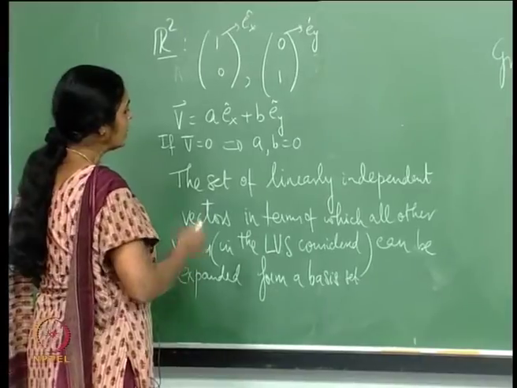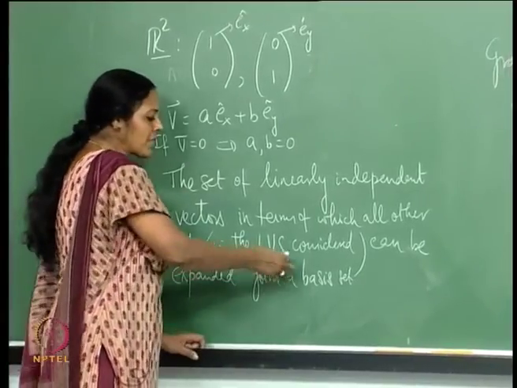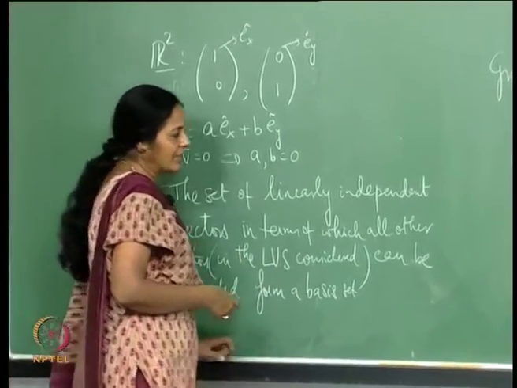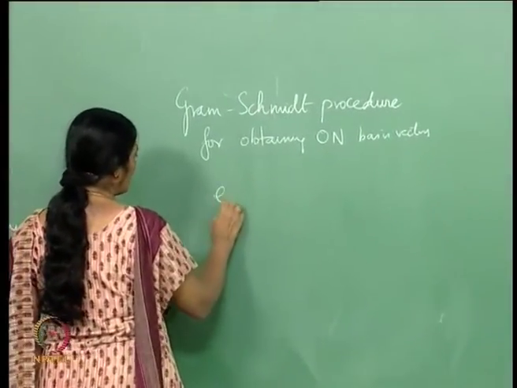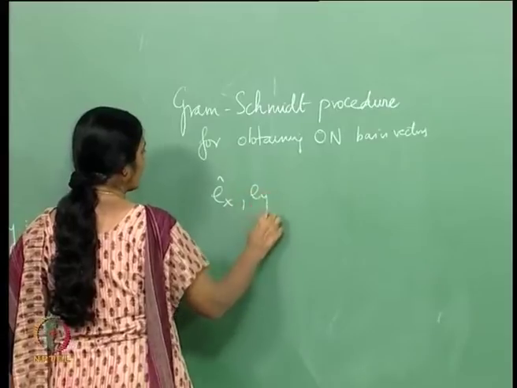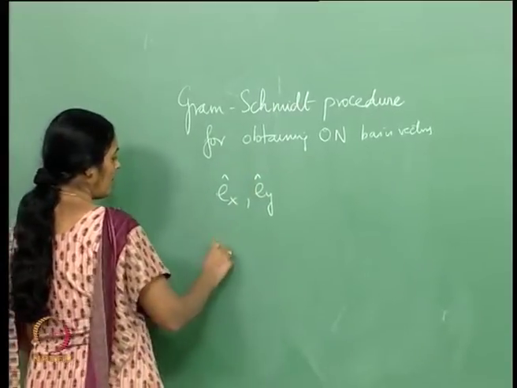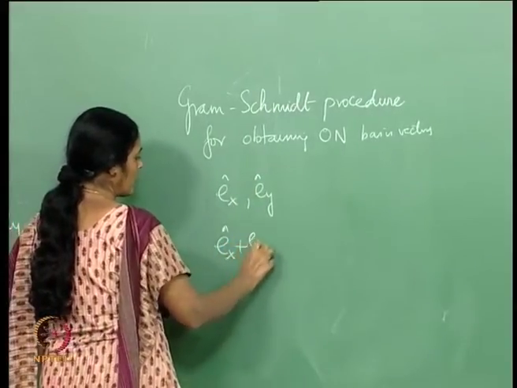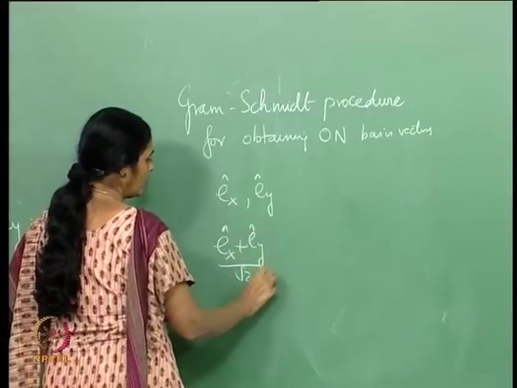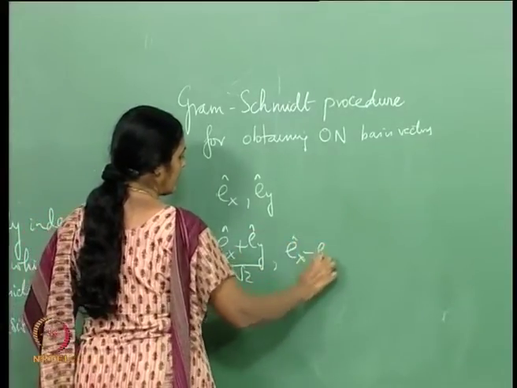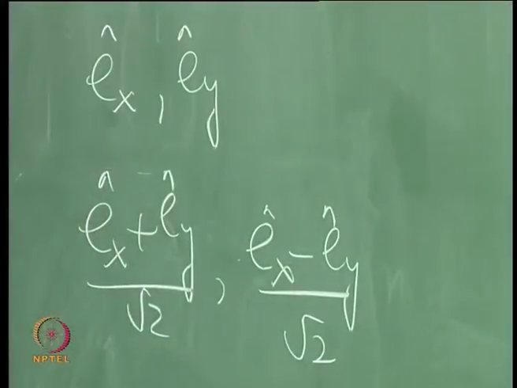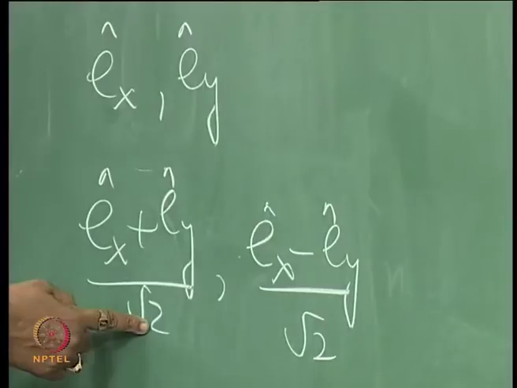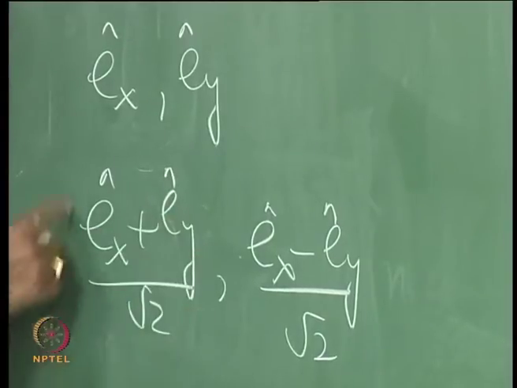But one thing is clear, you need not have a unique basis set in any linear vector space. For instance, in R2, I can expand things in terms of Ex and Ey, or in terms of (Ex plus Ey) by root 2 and (Ex minus Ey) by root 2. The root 2 has been put in order to make this object normalized.